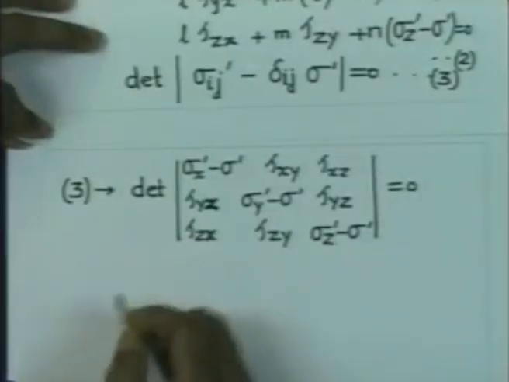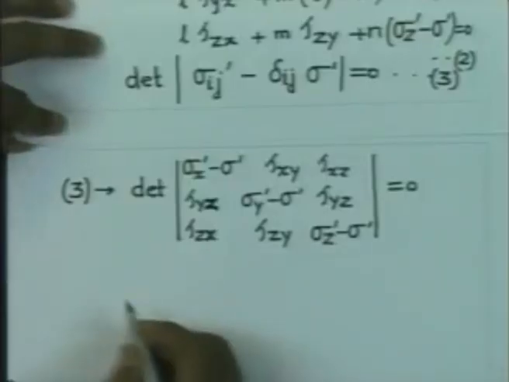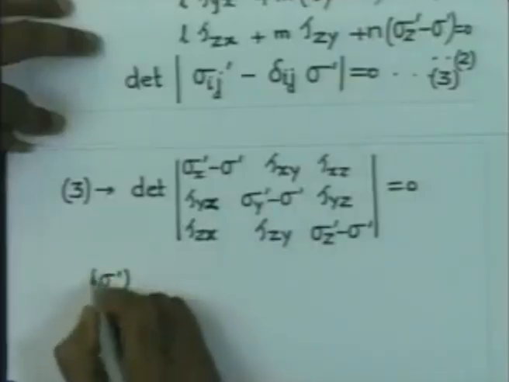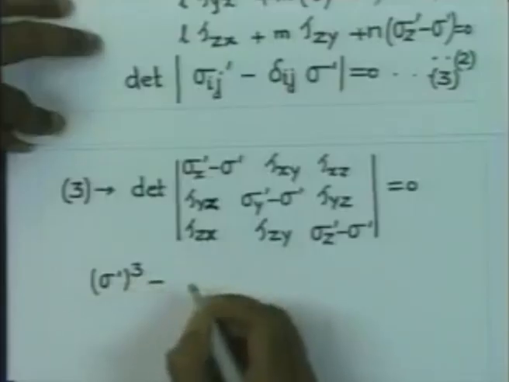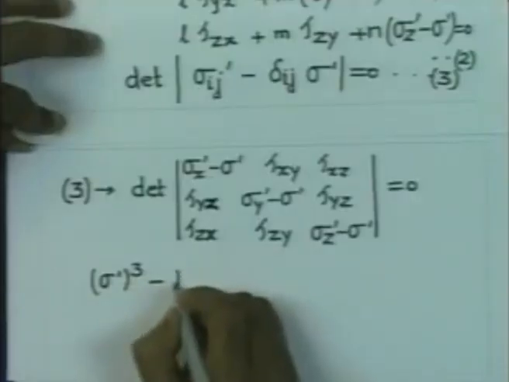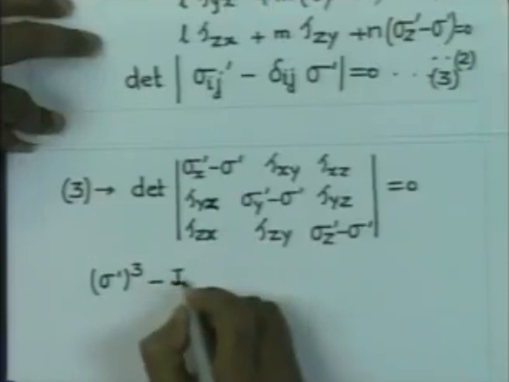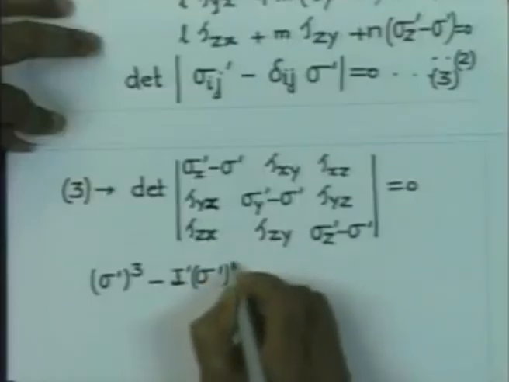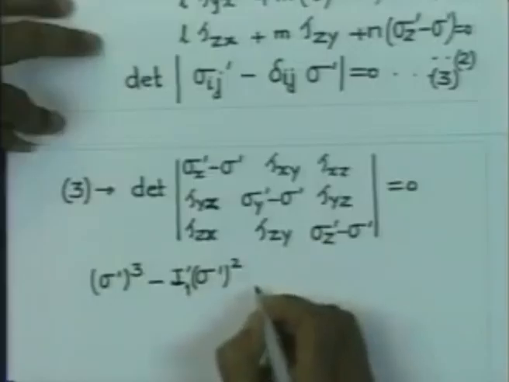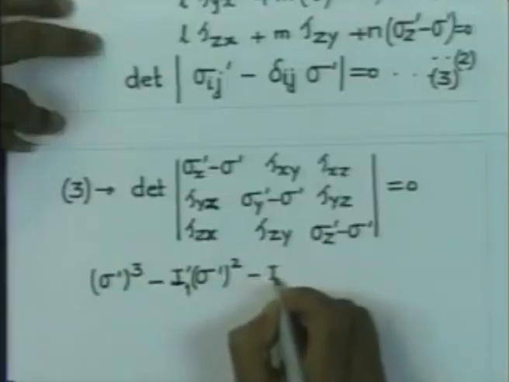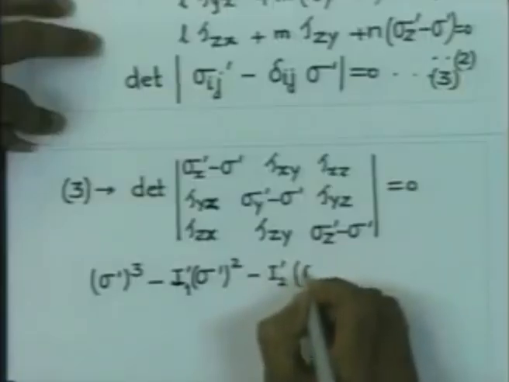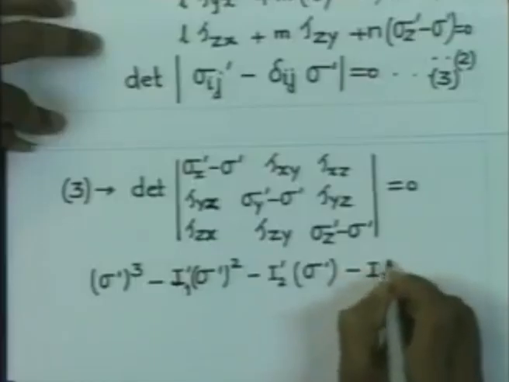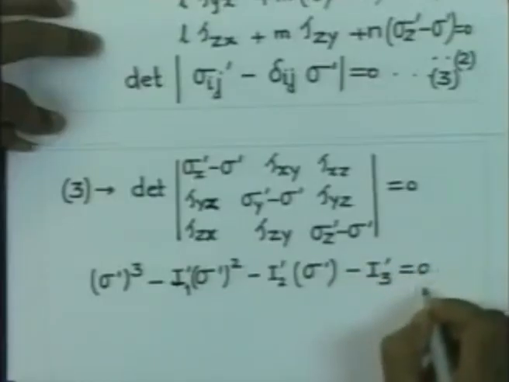Now, this can be expanded, and if we expand it, it comes out to be like this: sigma dash cube minus I1 dash into sigma dash square minus I2 dash sigma dash minus I3 dash equal to 0.